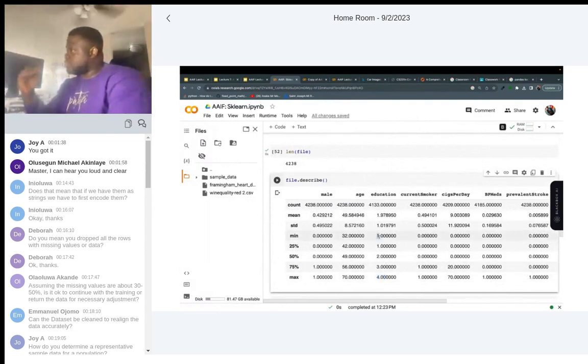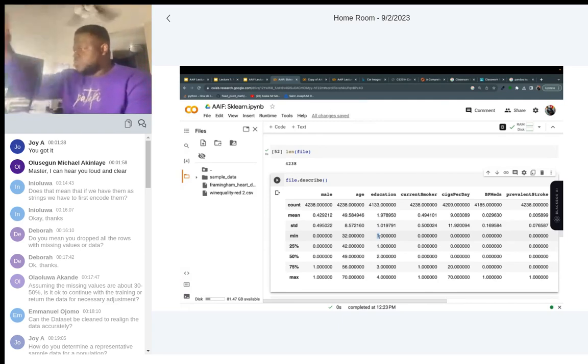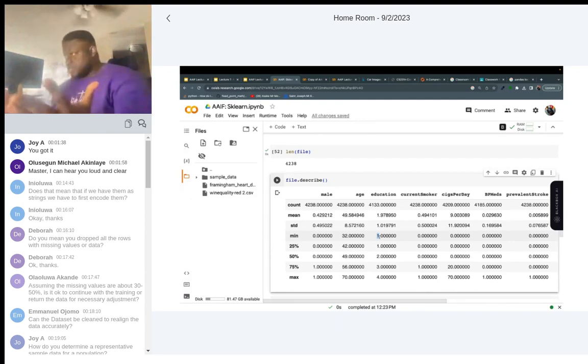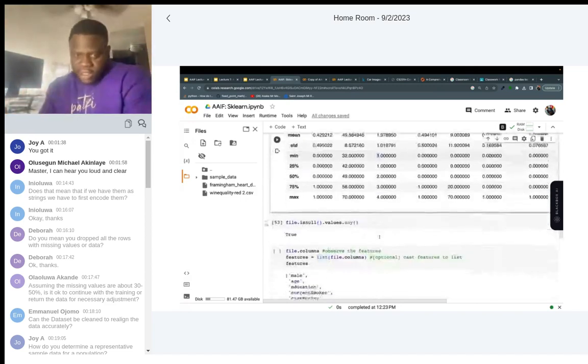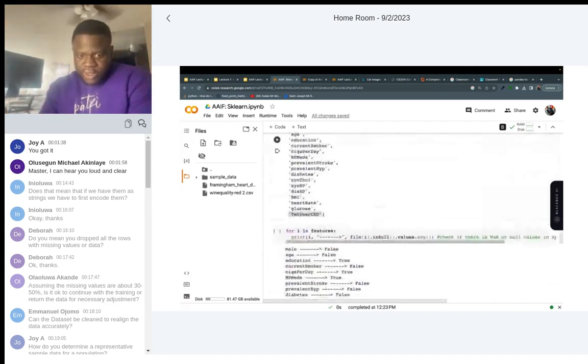So it is between 1, 2, 3, 4. That's the range of values. So let's say 4 is postgraduate, 3 is graduate, 2 is maybe a professional certificate, 1 is high school. Maybe that's what they mean. But all those words are represented as numbers, right? That's one thing I wanted to share with you.